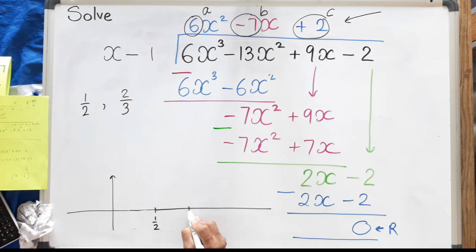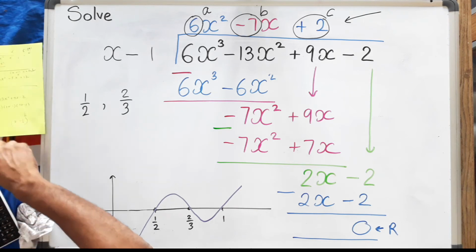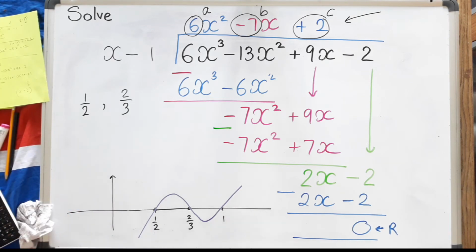A 2/3 on the x-axis be here. And 1 on the x-axis be here. So 1, 2/3, and 1/2. So there's a good chance that when you draw this, it will actually look like this. Or it could look like this, the other way around. It could actually go the other way.